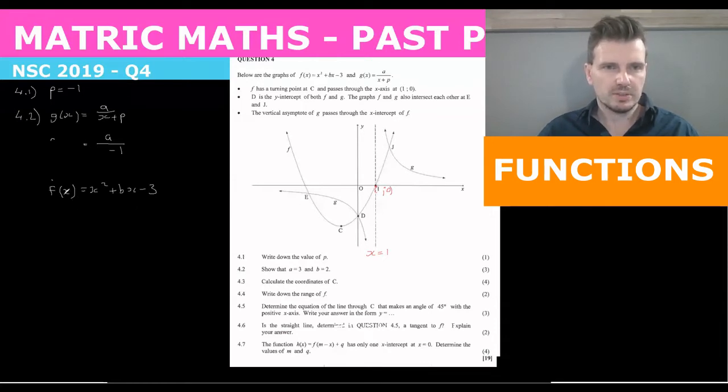So we can substitute in for x and y, because remember f of x is y. So y is 0 equals 1 squared plus b times 1, minus 3, and we take those to the other side, becomes 3 minus 1 equals b, and so b is equal to 2.